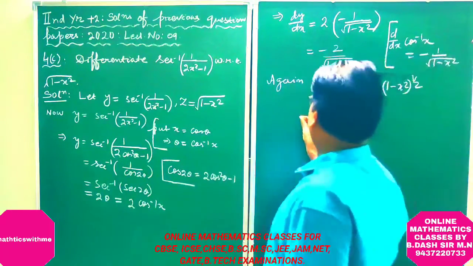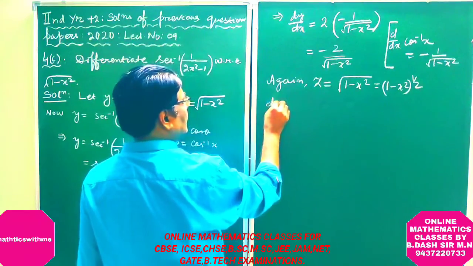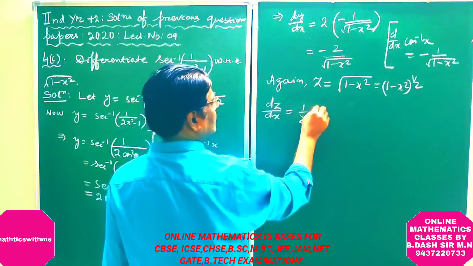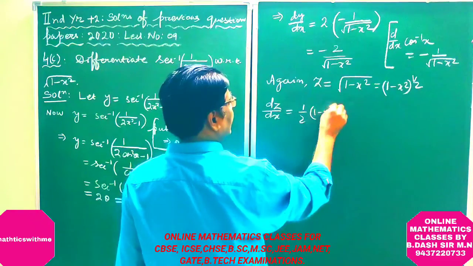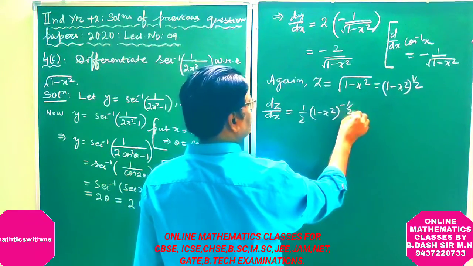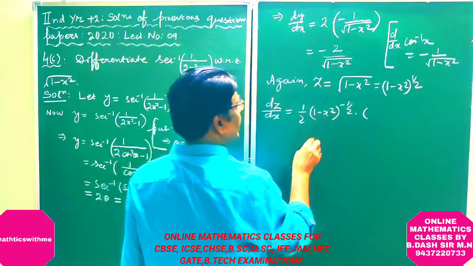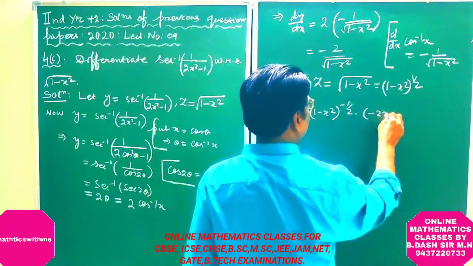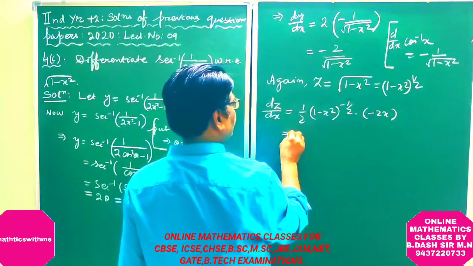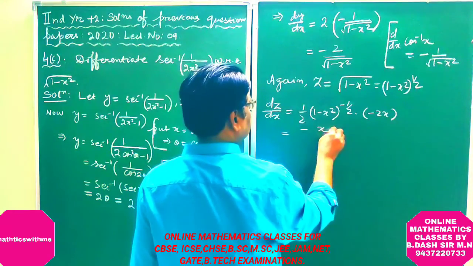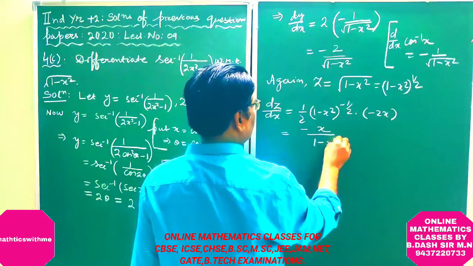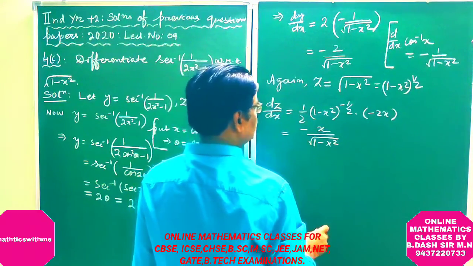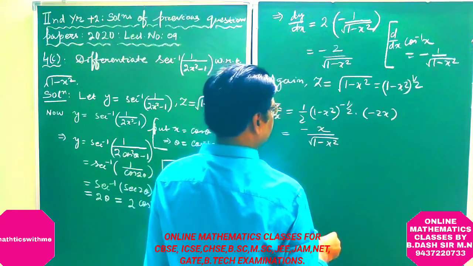Then dz by dx is equal to 1 by 2 (1 minus x²) to the power minus half into the derivative of 1 minus x², which is minus 2x. So this is equal to minus x by √(1 minus x²), the 2 cancels.